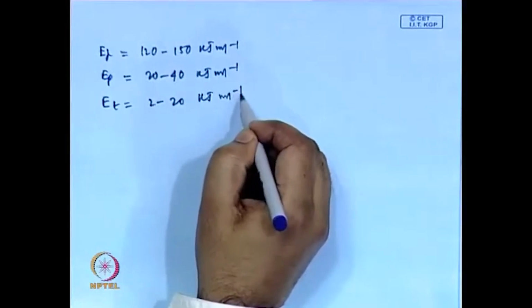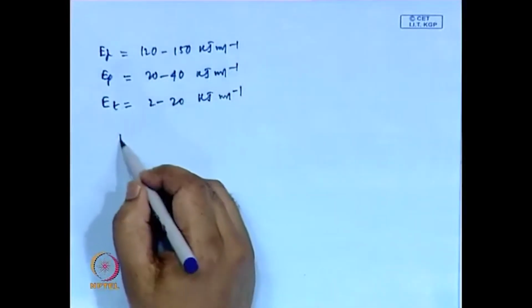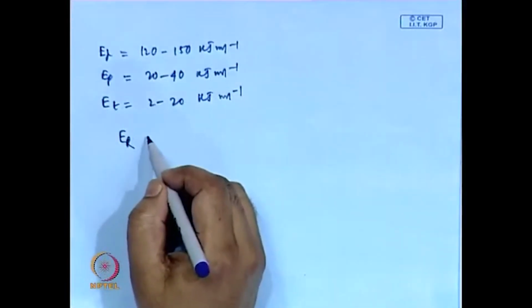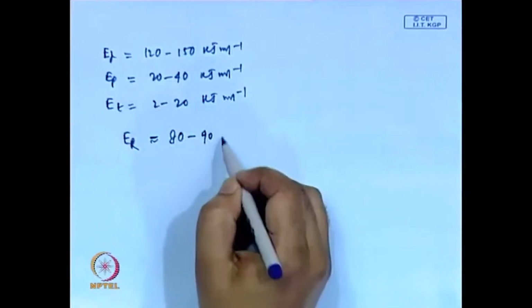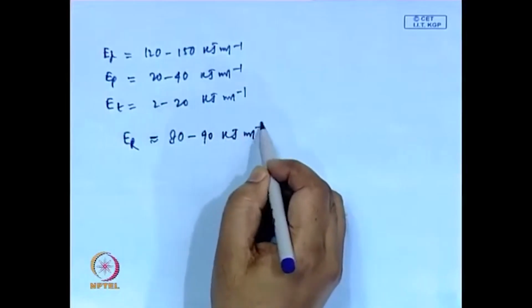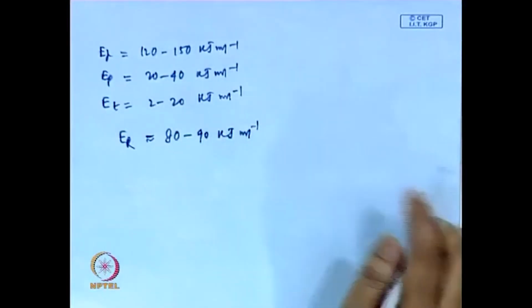This is the experimental value. Now, that gives you the value for Er around 80 to 90 kilojoule per mole.